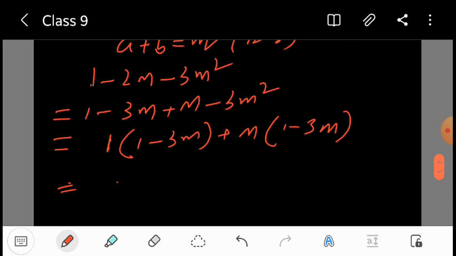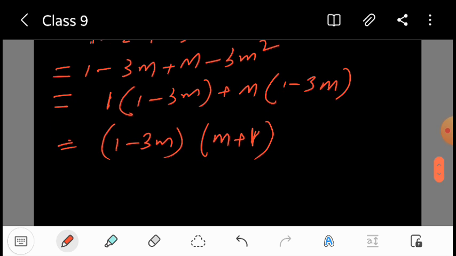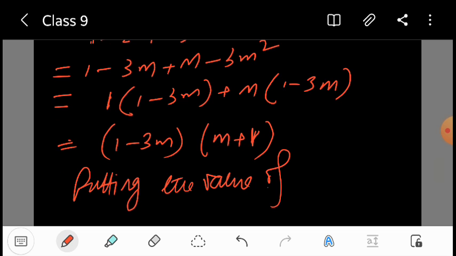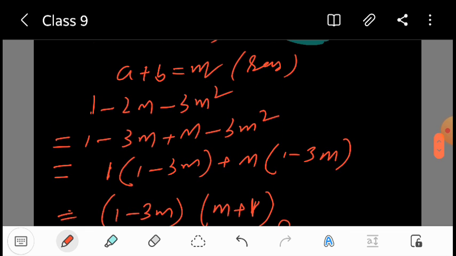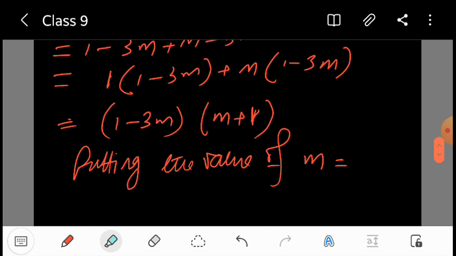So 1 minus 3m and 1 plus m, or m plus 1 you can write. Now putting the value of m, that is equal to what I consider, this a plus b. So just put the value of a plus b here.